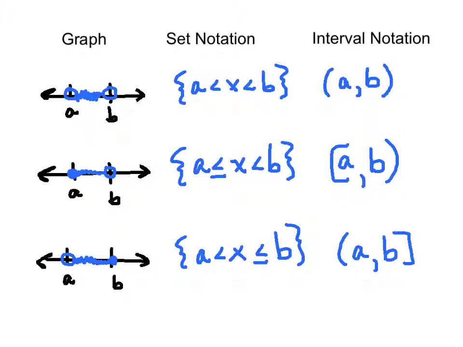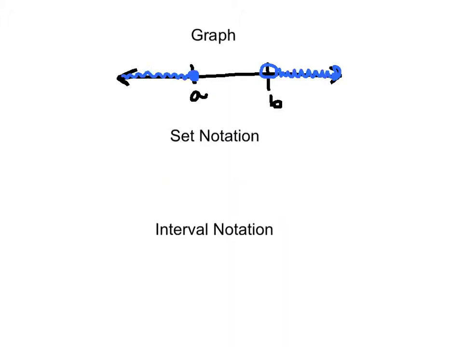In this last example, I'm looking at a set of numbers that are not continuous along the number line. Notice that I have numbers highlighted to the left of A with a closed circle on A. I'm including A in my set of numbers.